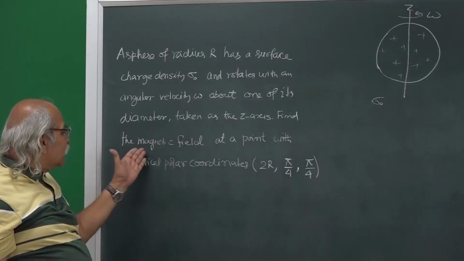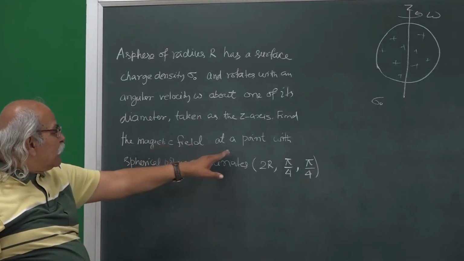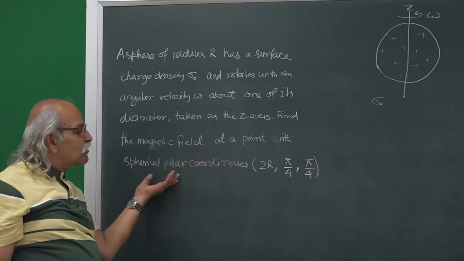You have to find the magnetic field at a point with the following spherical polar coordinates.